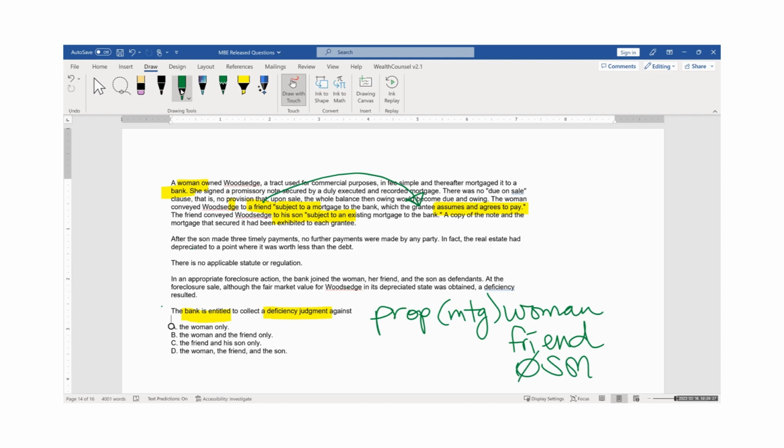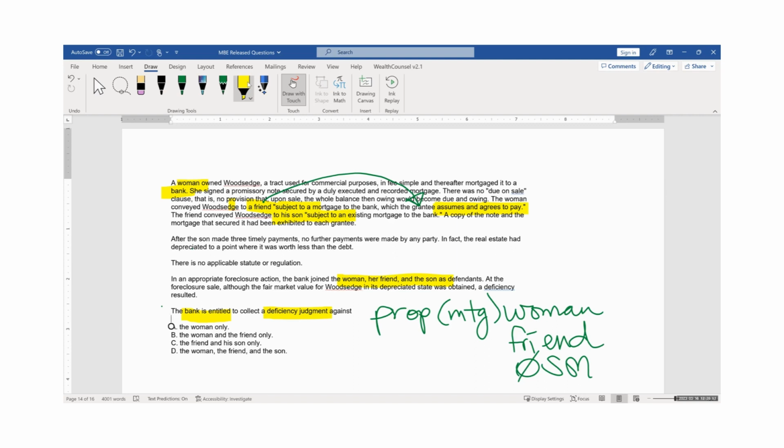In an appropriate foreclosure action, the bank joined the woman, her friend, and the son. We know that at the foreclosure sale, although the fair market value for Woodsage in its depreciated state was obtained, a deficiency resulted.